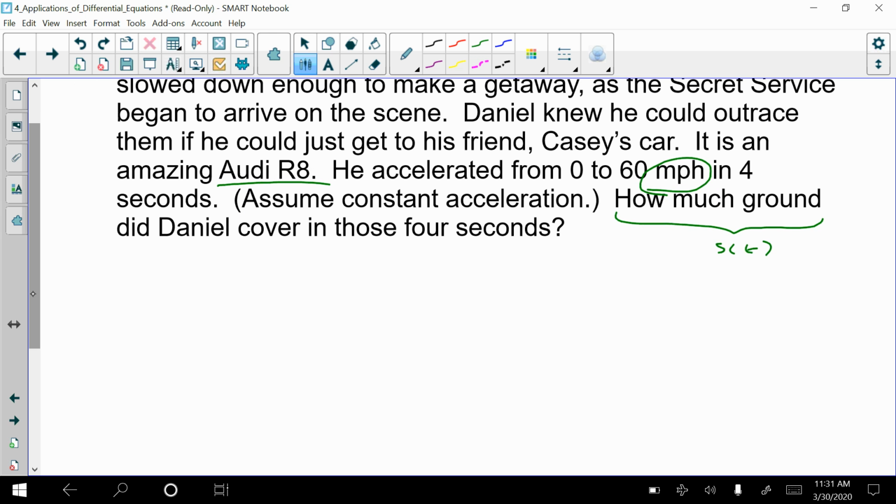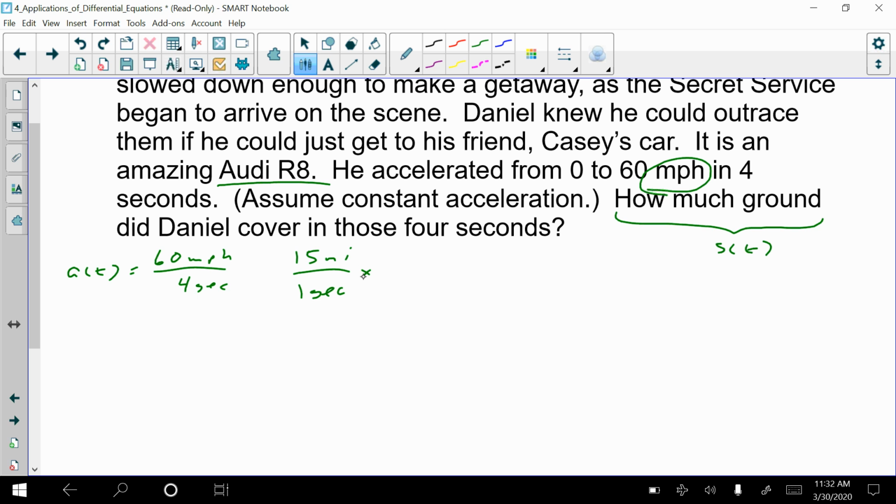So let's start off by looking at what we know for acceleration. I know that for my acceleration function, we are going 60 miles per hour in 4 seconds. And we need to be able to convert that into feet per second. So taking the 60 miles per hour over 4 seconds, we can convert that into 15 miles per hour for every 1 second.